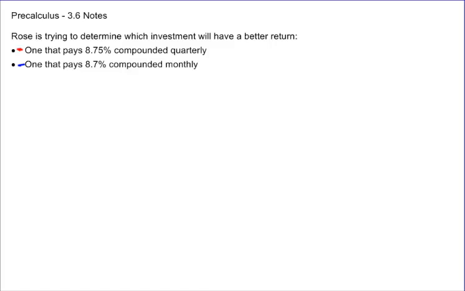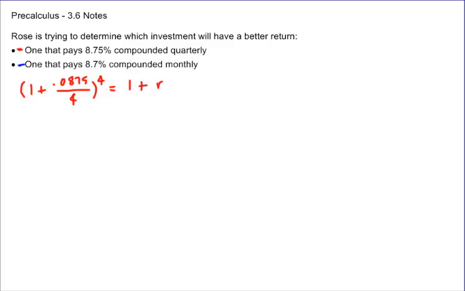So the setup on this is going to be 1 plus 0.0875 divided by 4, to the fourth power, is going to be equal to 1 plus the interest rate.